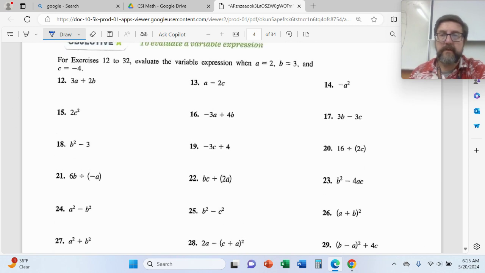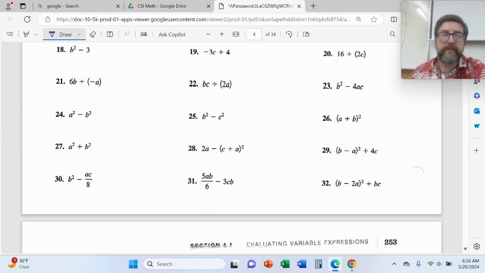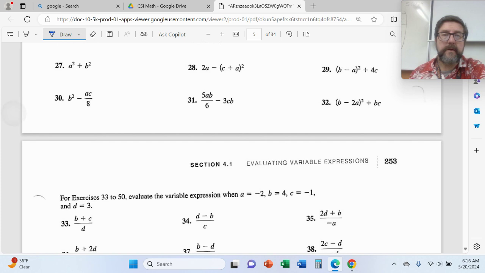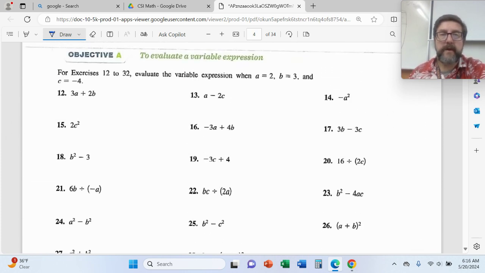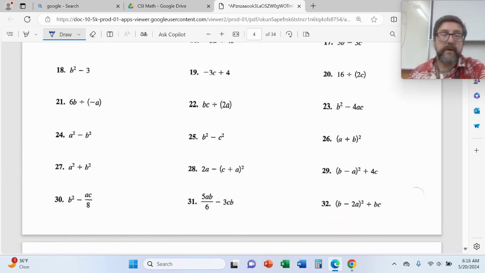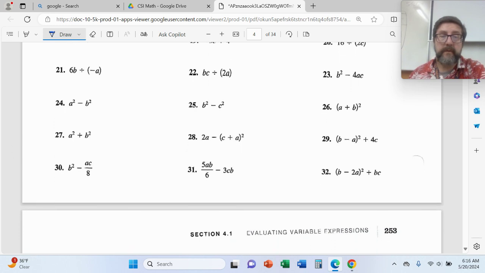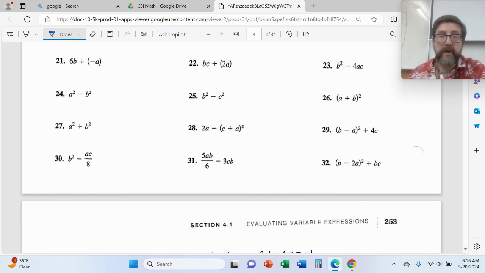So you can look at the variable again. Write down what each variable is equal to. A is equal to 2, B is equal to 3, and C is equal to -4. Have all those written down so that you guys can do all of these at the bottom. Go ahead and pause this and do all of them. I was scrolling around and probably making it tougher for you.